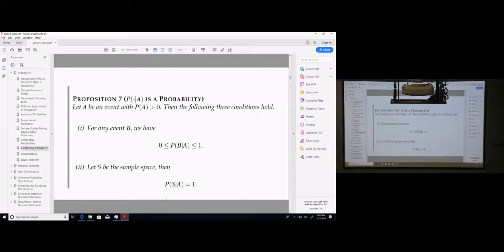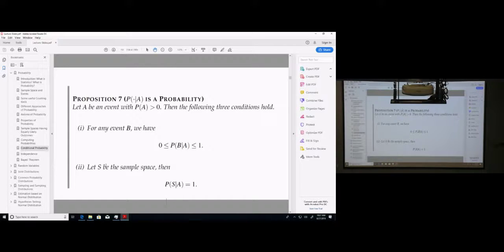Okay, so this is the proposition. Basically, it says that conditional probability, when the event that you are conditioning on is fixed. All right, so let A be an event with this requirement so that my denominator makes sense.